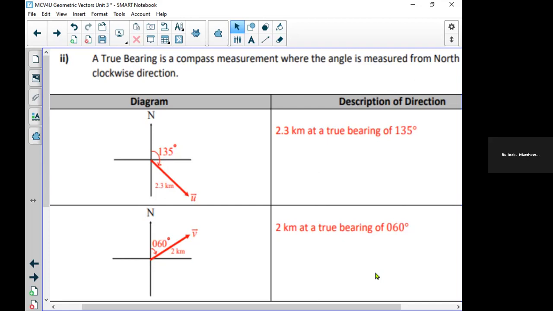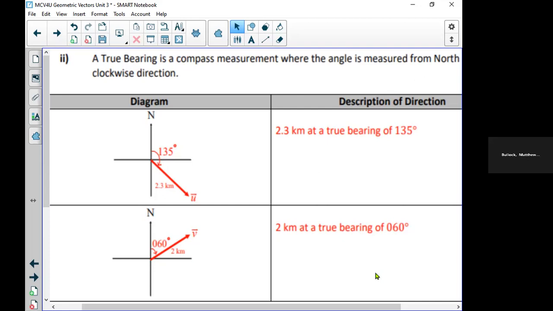Now with true bearing, you'll see this 060 degrees. You always have to have 3 digits for a true bearing, and that's why there is a 0 in front of the 60 degrees. So for the angle on the bottom, we have a magnitude of 2 kilometers at a true bearing of 060 degrees.